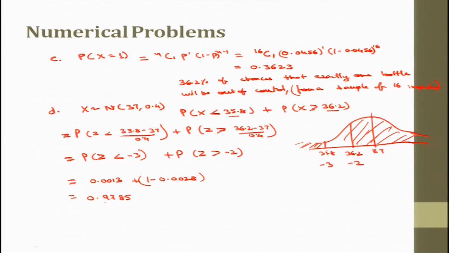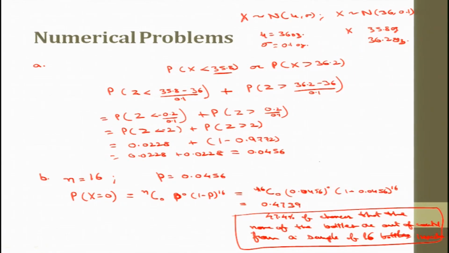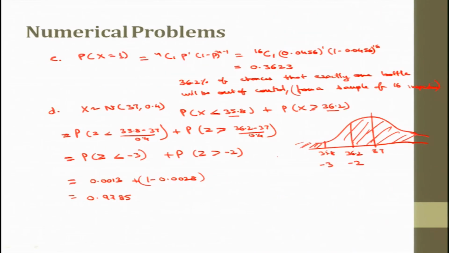So when the mean is shifted, and the upper bound is even lesser than the mean, we find that the probability of the process being out of control is very large. This is 97.85%. In case A, the probability was 4.5%. So why is this big shift?